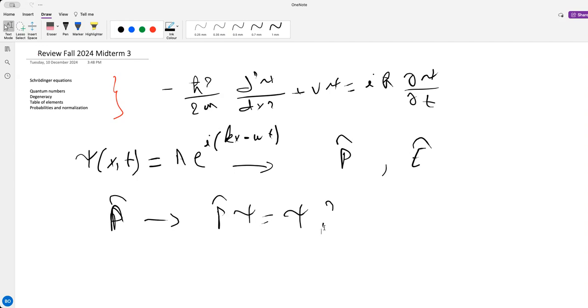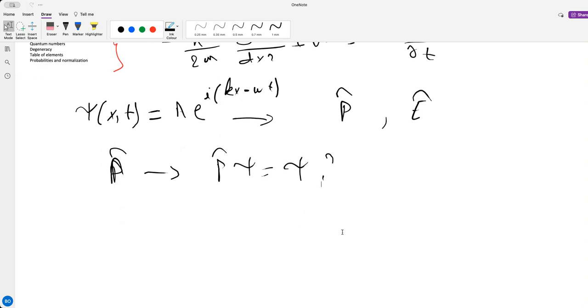Then let's go to the part where, with Schrödinger's equation, we did several special cases like the infinite well potential and the finite well potential.